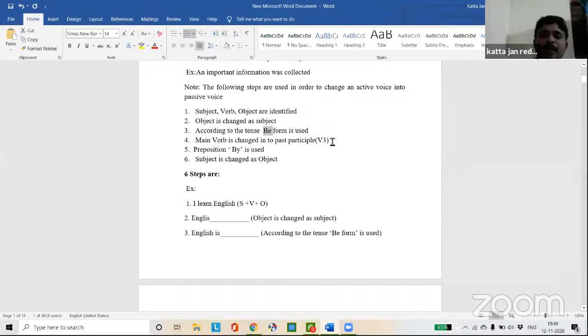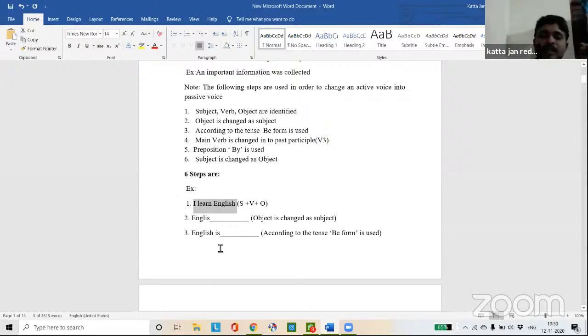According to the tense, be form is used. See, English is, I used the be form is here. Why? Because this tense is simple present. How do we know it is simple present? Subject, V1, learn is V1, object. So it is simple present. So in the simple present, be forms are am, is, are. Okay.